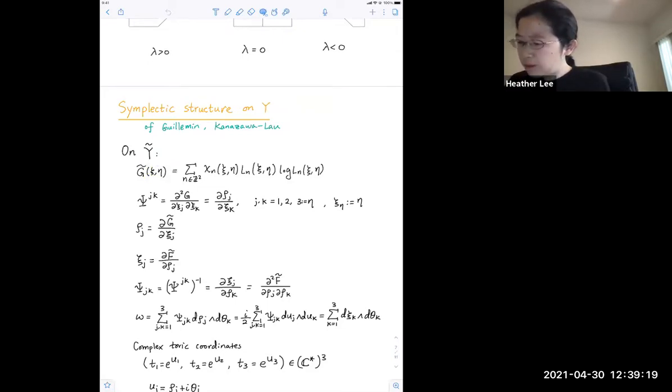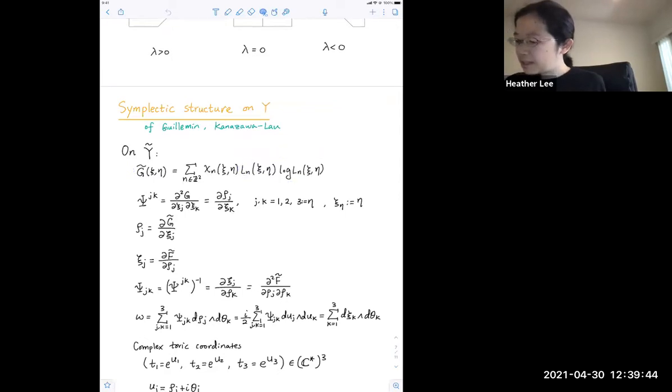And for compact toric varieties, Guillemot had this potential that doesn't have this chi function in there. So if you ignore this chi function and sum over all the toric facets of a compact toric variety, just sum over all the facets of this part, that would be Guillemot's potential.